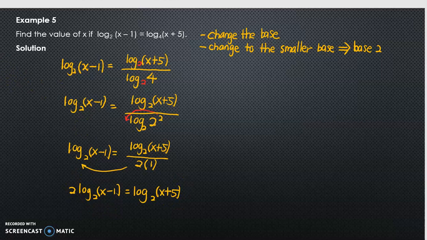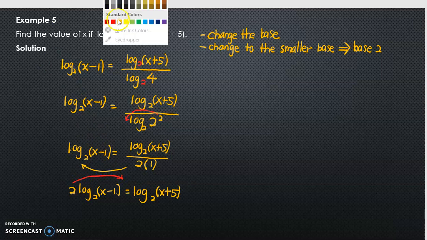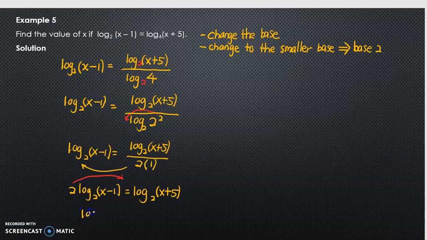So next, I will bring 2 to become index. So I will have log x minus 1 power of 2 base 2 is equals to log x plus 5 base 2. So now we have the same base. We can compare the bracket, or some of students, it just simply cancel out the log.